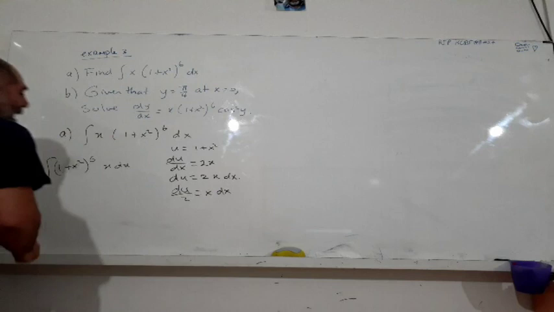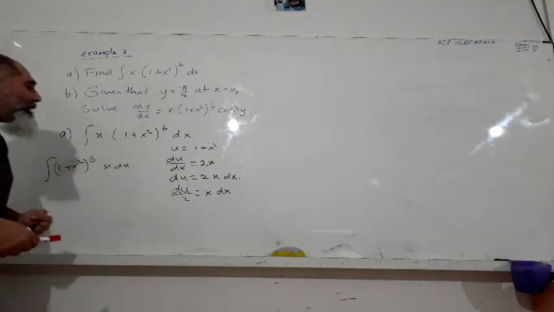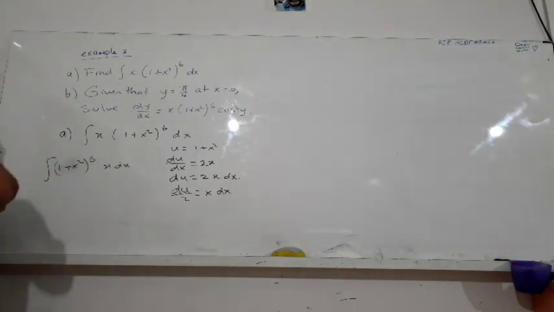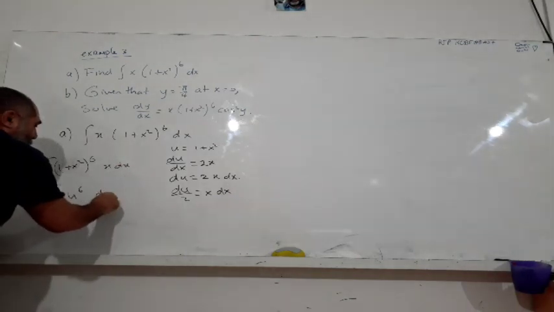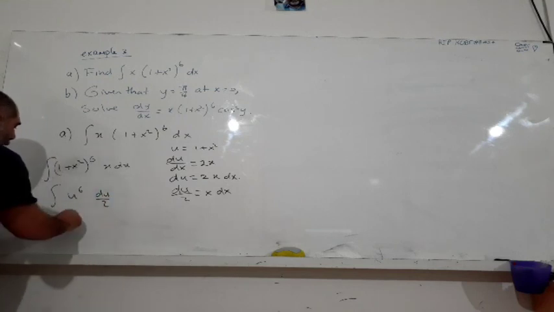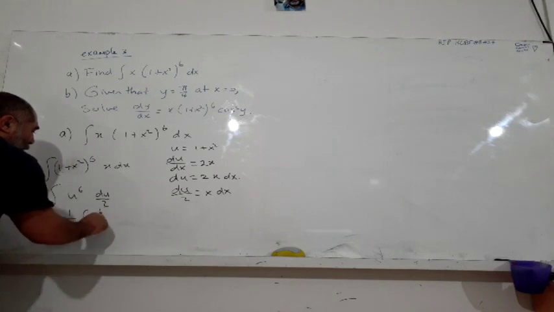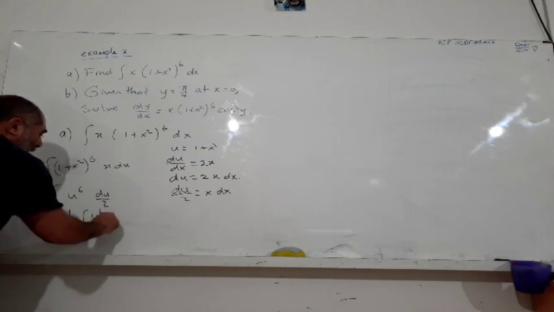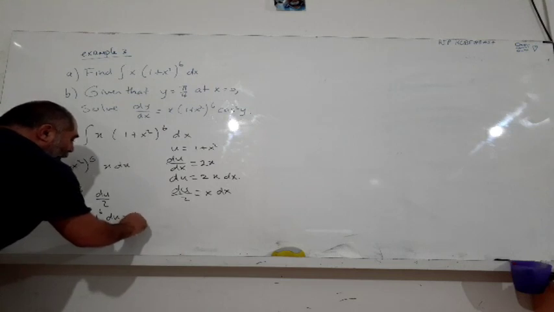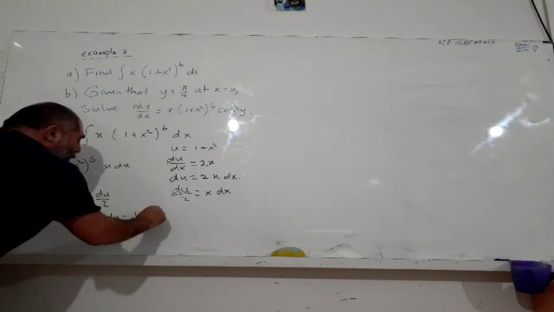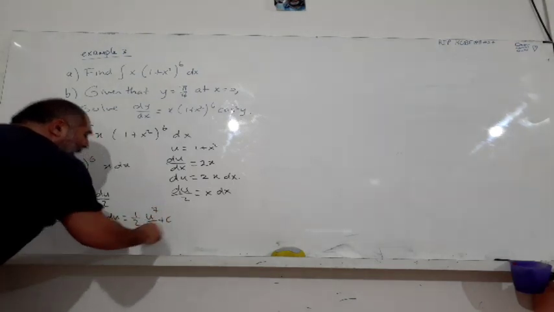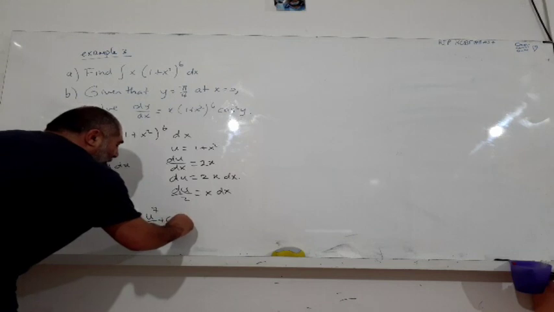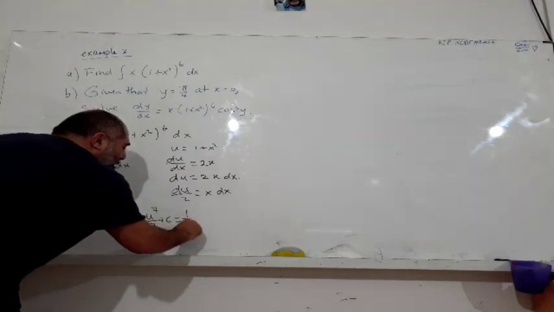So u to the power of 6, x dx is du over 2. Take 1 over 2 outside of the integration. We have the integral of u to the power of 6 du, so the answer is 1 over 2 times u to the power of 7 over 7 plus c. So the answer is 1 over 14 u to the power of 7 plus c.